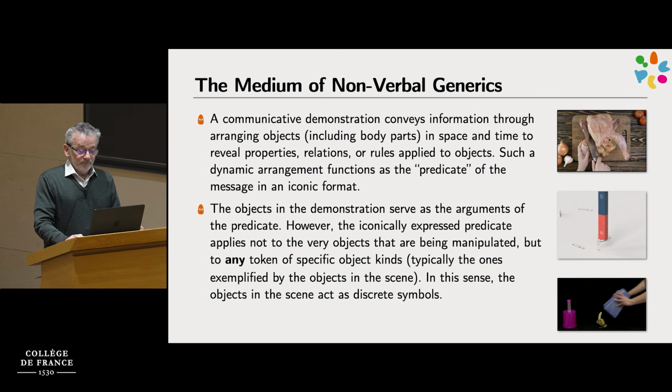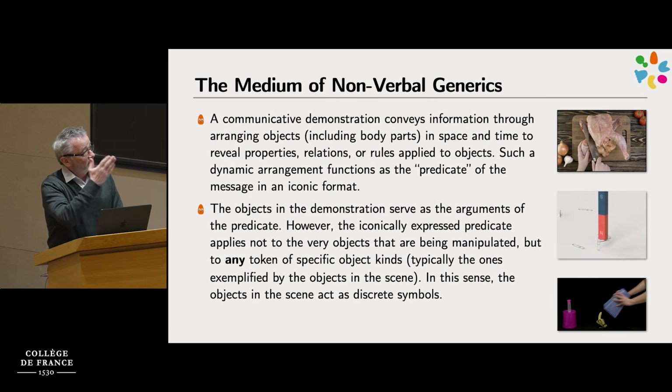In turn, the objects in the demonstration serve as the arguments of the predicate, right? But the predicates that you express by the arrangements of the objects apply not to the objects that are in front of you, but to any token of the specific object kinds.